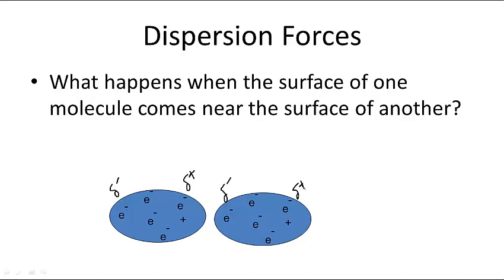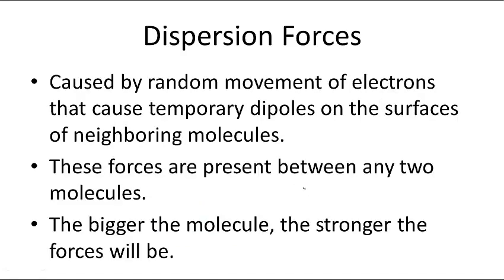Now this is happening over and over all the time in molecules. So even molecules that are nonpolar are slightly attracted to one another because of the random motion of electrons. So this is a huge idea. Dispersion forces: caused by random movement of electrons that cause temporary dipoles on the surface of neighboring molecules.